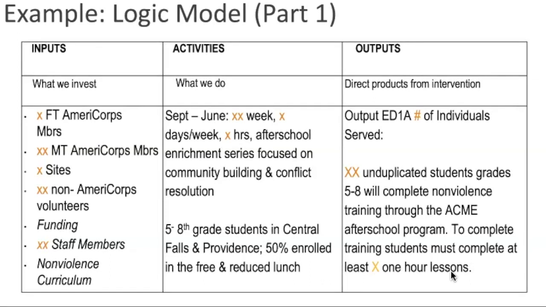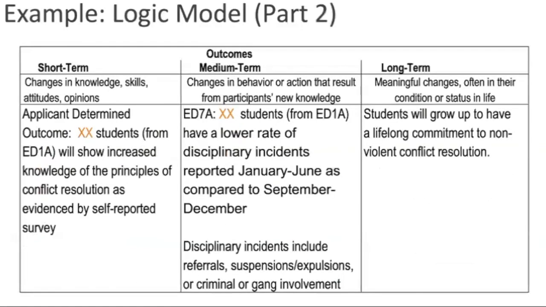And then here you can see on the outputs that they've indicated that it connects with a national performance measure. And as well on this chart, you can see that they've identified the target population here. Then as we continue across the chart, we come to the outcomes.